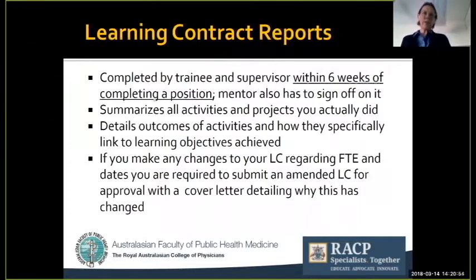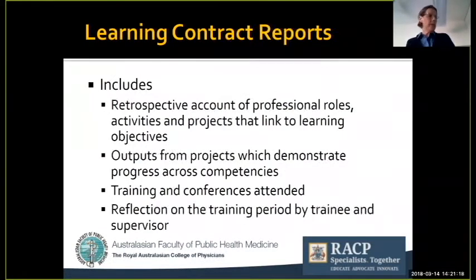And if you make changes to your learning contract regarding how much time, your full-time equivalent, then you need to submit an amended learning contract. So for example, if you said you were going to be working full-time in your learning contract, but then you drop down to half-time, then you need to let the training committee know that you've made that change to your training. Still on the learning contract report, you have to report on the roles that you actually took, the outputs from those projects, any training and conferences, and a reflection on your training period.